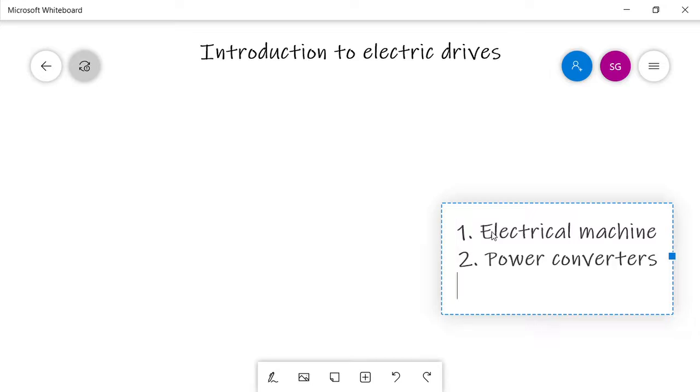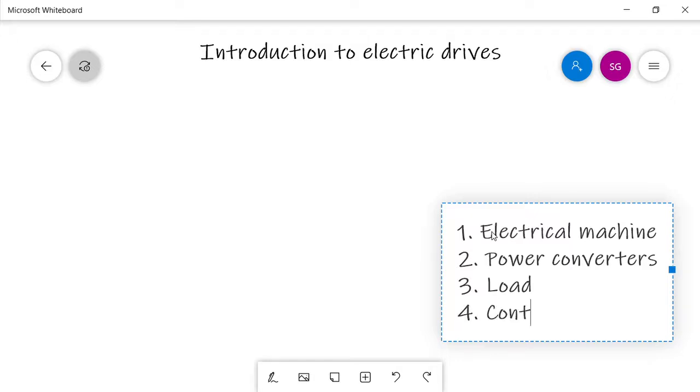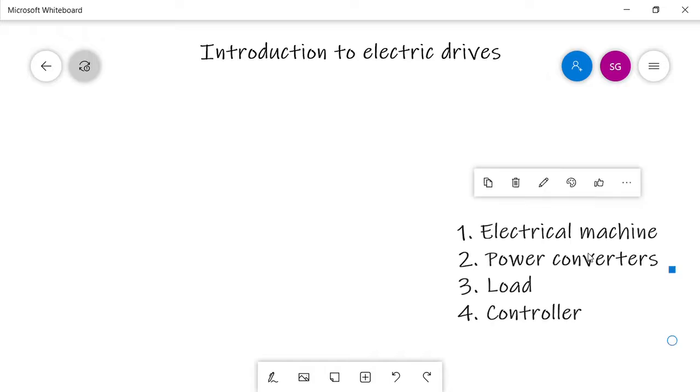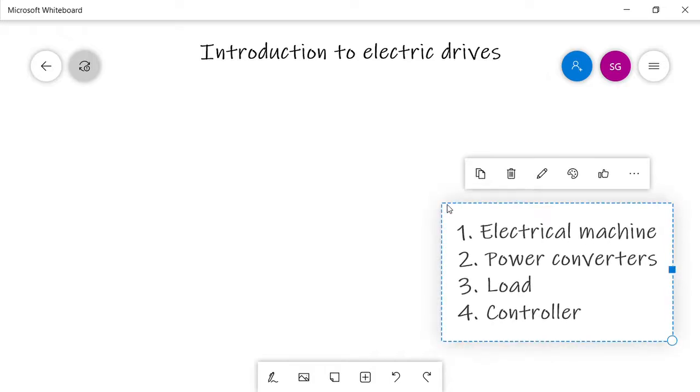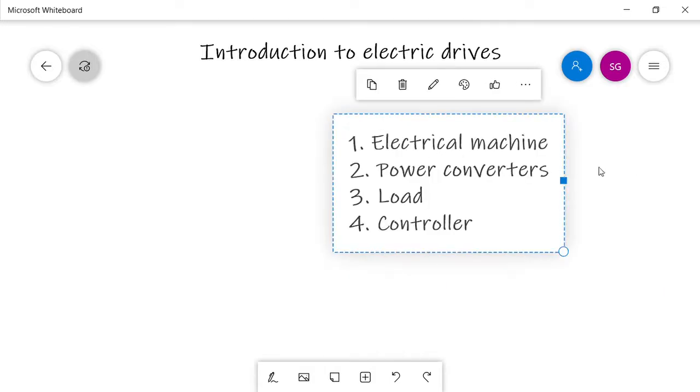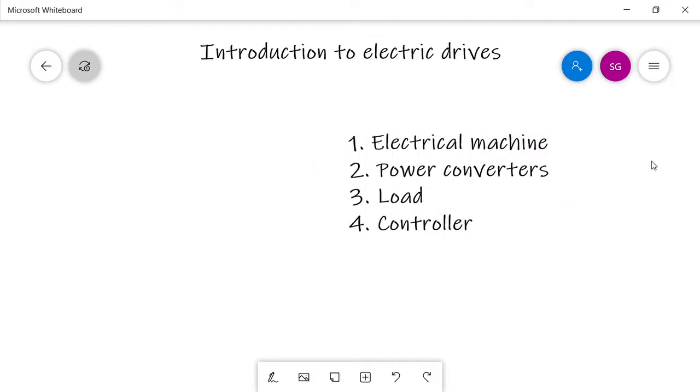Third is the load. And the fourth one is the controller. Okay, so these are the four components of electric drives.